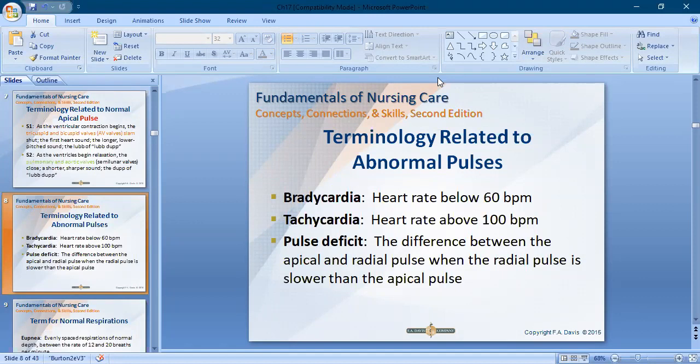So infection, hypovolemia, I mean shock, diabetes or high blood sugar, anxiety or pain, in all of these situations heart rate or pulse rate goes up.